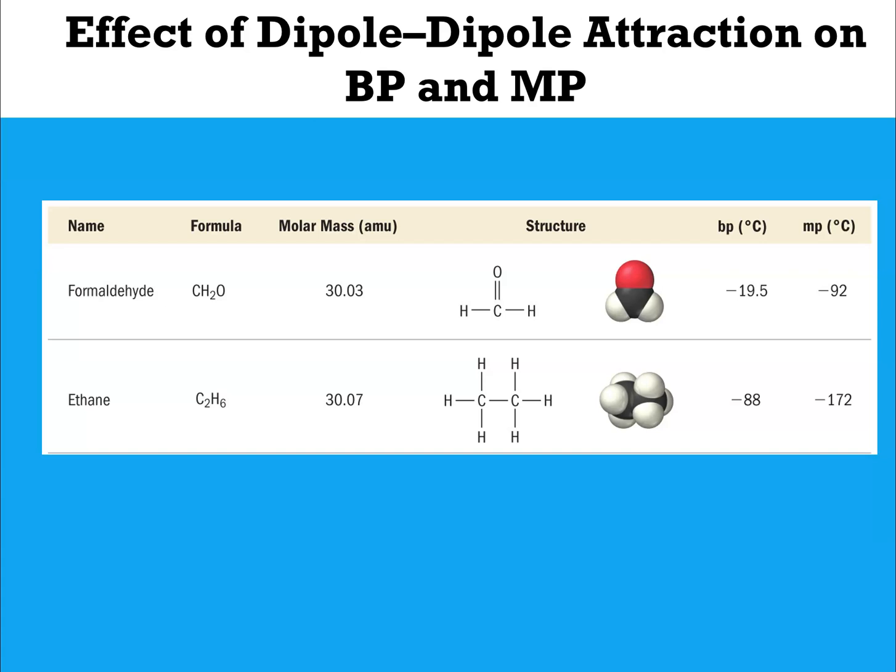Yes, they have different formulas, but almost identical molar mass. But again, ethane is nonpolar. Formaldehyde is polar. So a dipole-dipole attraction versus a London dispersion attraction. We can see here in the chart that melting point and boiling point are going to be much higher comparatively to each other.